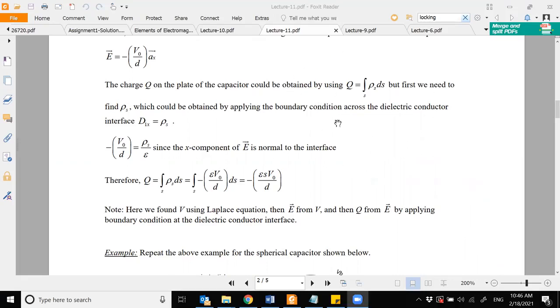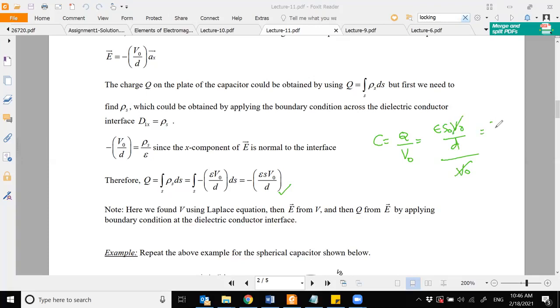We know C is equal to Q over V, C is equal to Q over V. But in this case, it is V0 because it's the potential difference. Now you can put your Q value, which is epsilon S0 V0 over D, over V0.